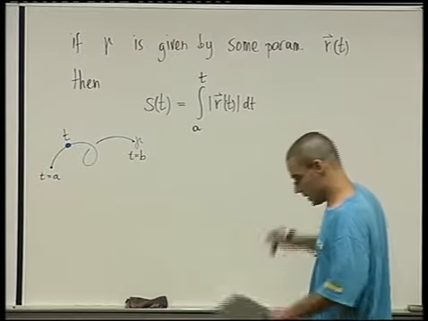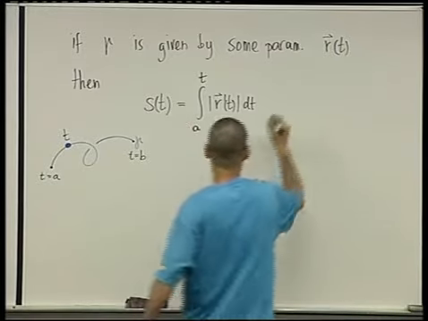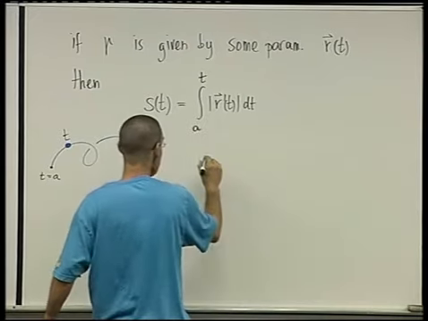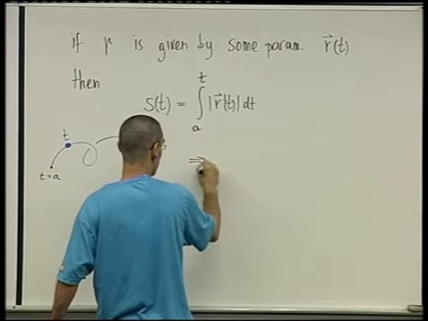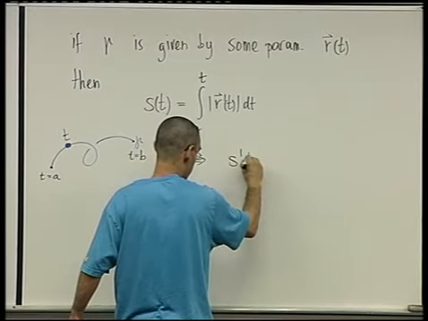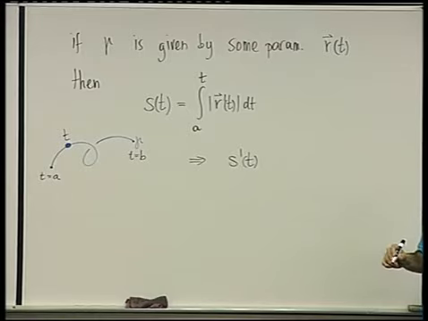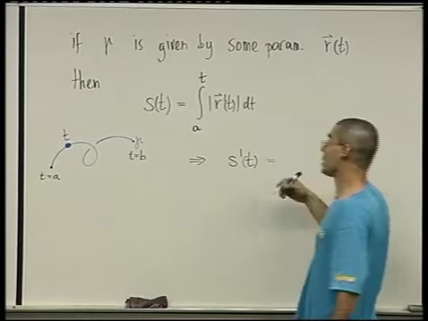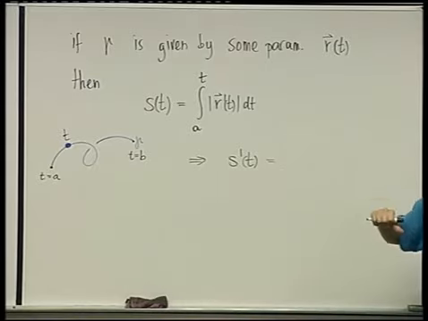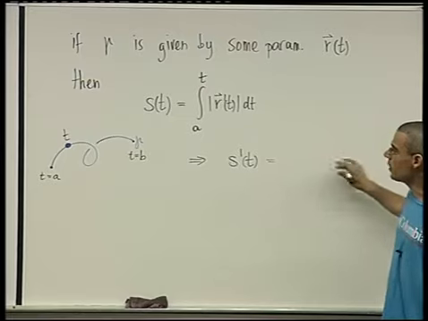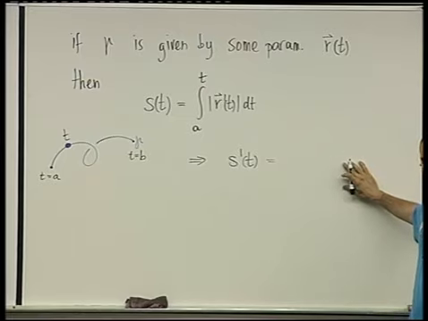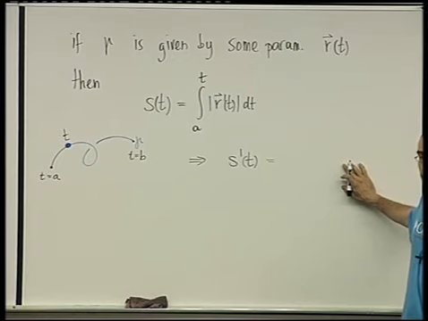Now, what is S prime of t? Remember that when we find the arc length according to some parameter, we need the derivative. So what is S prime of t? Calc 1. The norm of r prime. Exactly. Why?